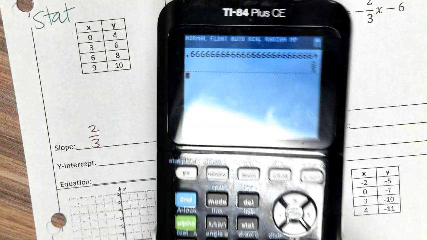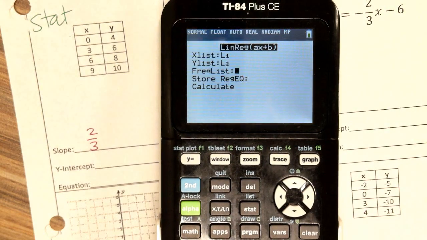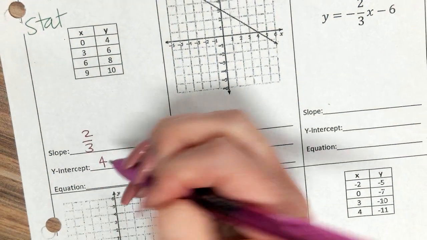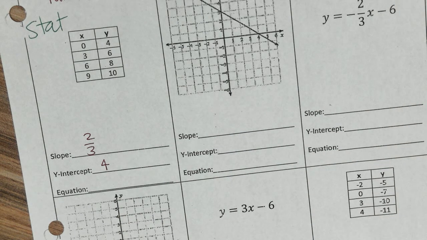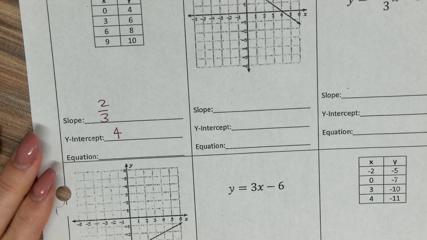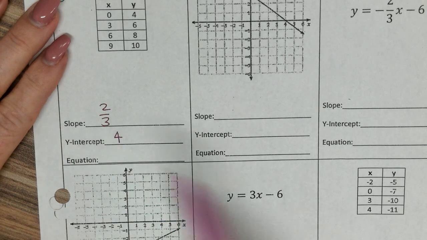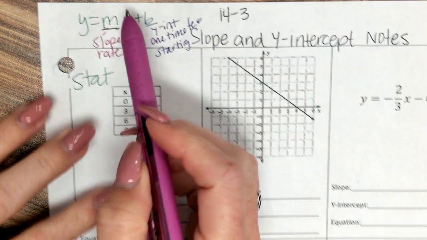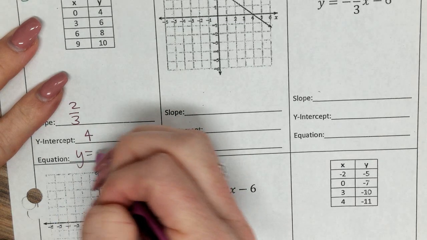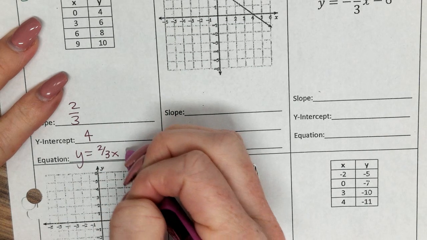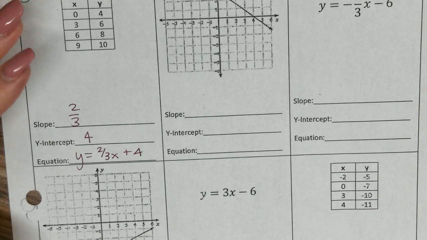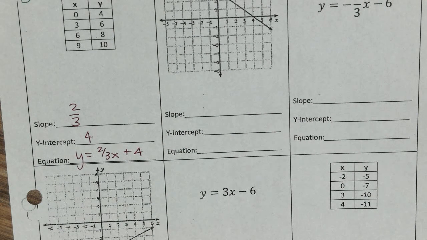The y-intercept was 4. Then it said, what is the equation that represents this? So you're going to take these numbers and put it into that equation. So it's y equals 2/3 x plus 4. Any questions?